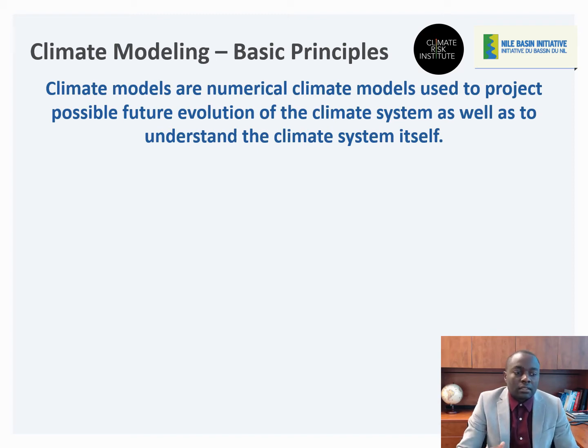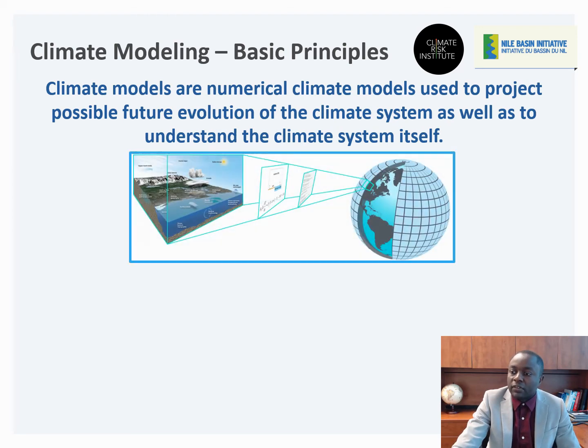These climate models separate the Earth surface into three-dimensional grid cells. The results of processes modeled in each cell are passed to neighboring cells to model the exchange of matter and energy over time.